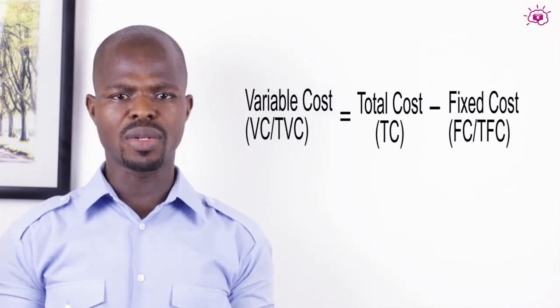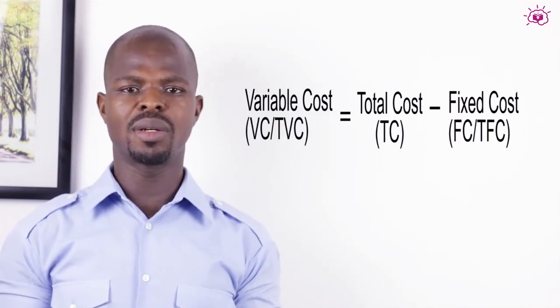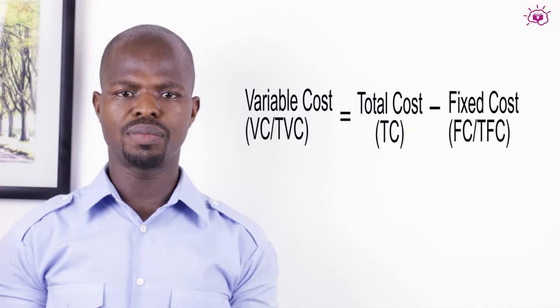Examples of variable cost include expenditure on raw materials, cost of fuel, cost of electricity, wages and salaries, and so on and so forth. Now, it is calculated as TC minus FC, I mean total cost minus fixed cost.